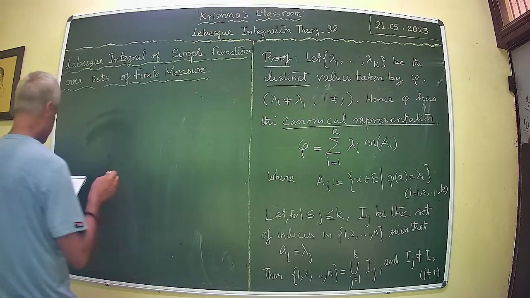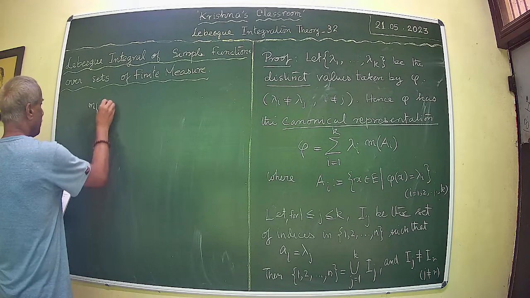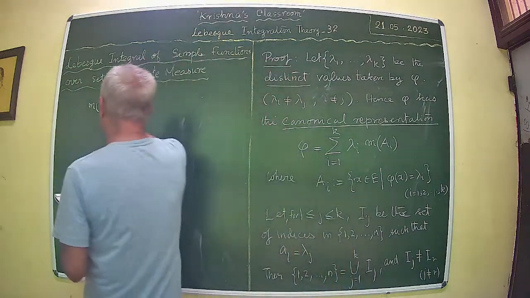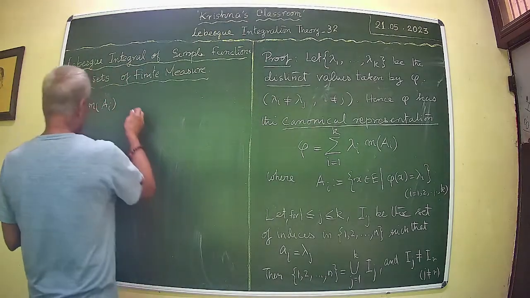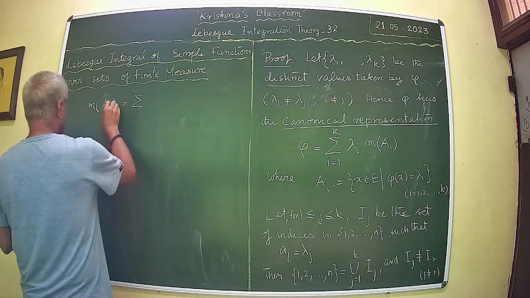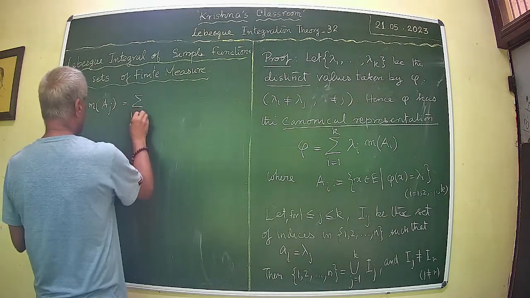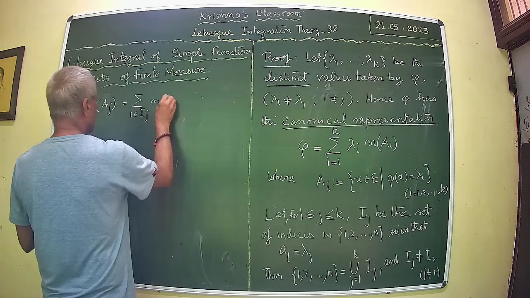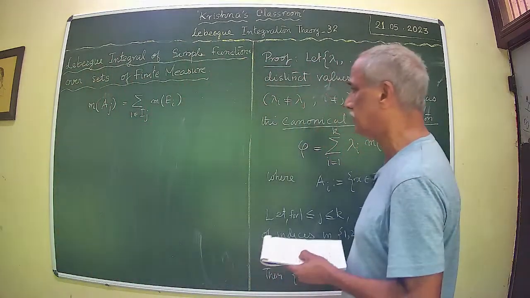And you know that the measure of A_i is equal to, no, because we have assumed that E_i intersection E_j is empty.